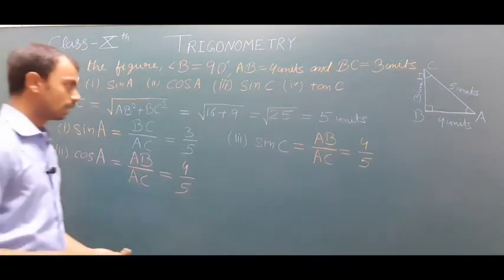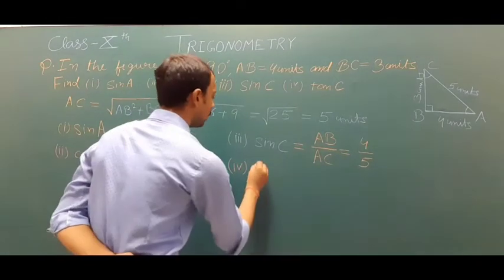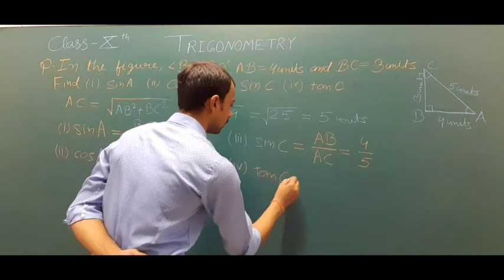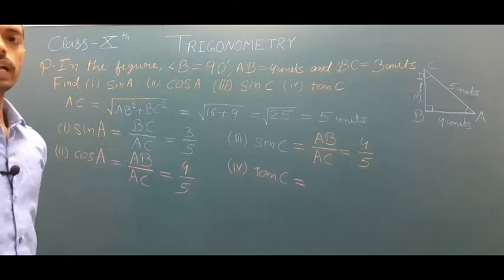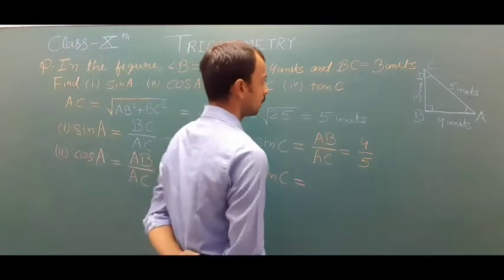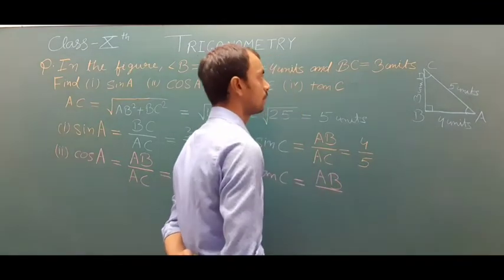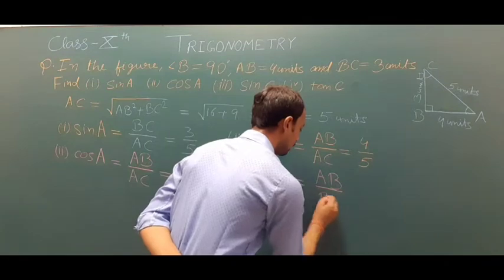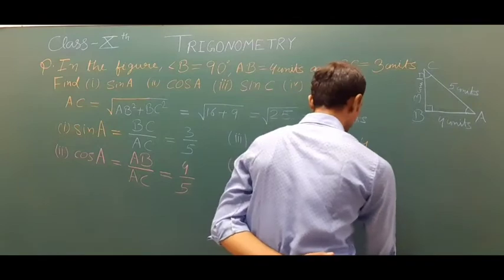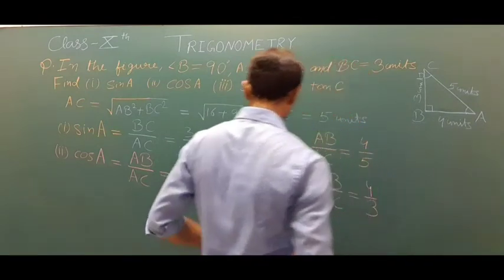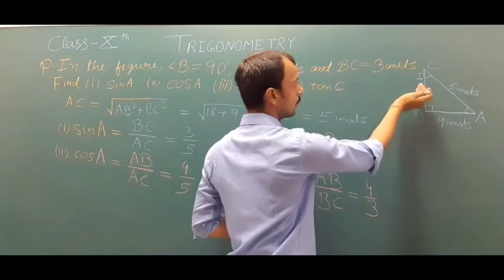Now next one is tan of C. What is tan of C? Tan of C will be opposite upon what? Adjacent. Now what is opposite side for C? Opposite side for C is AB and adjacent side for C is BC. So AB upon BC is what? 4 upon 3. Tan is for C opposite side upon adjacent side.